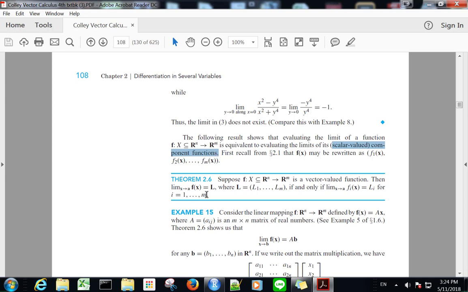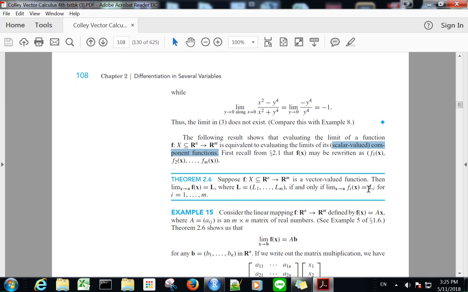So theorem 2.6 says that if f goes from Rn to Rm, then the limit of f equals L, where L, of course, has to have m components because it has to be in Rm.